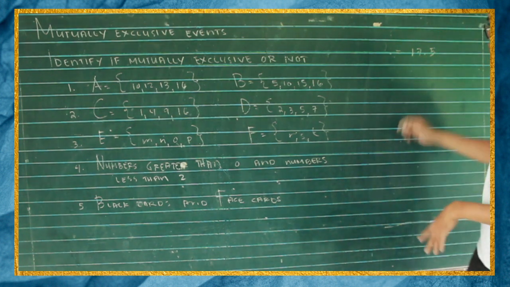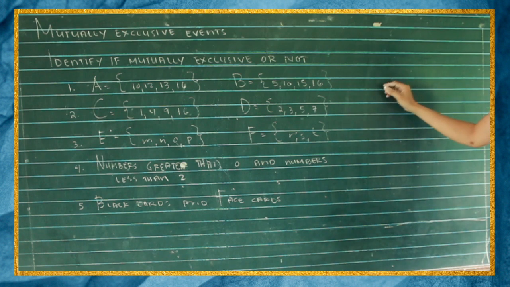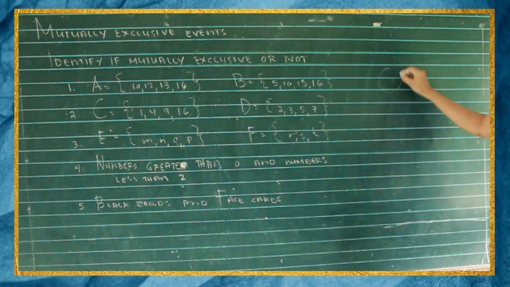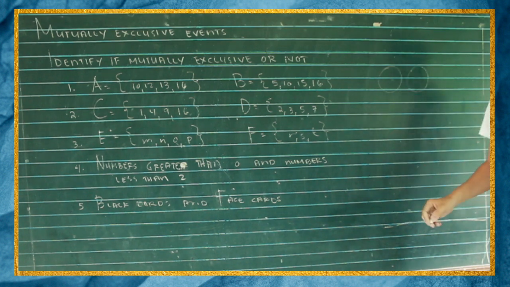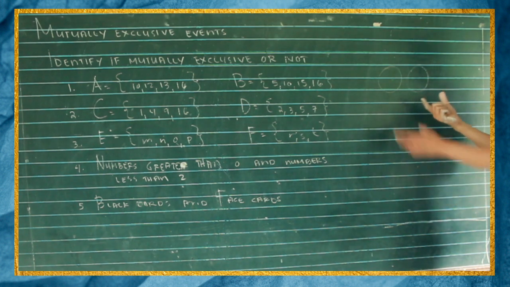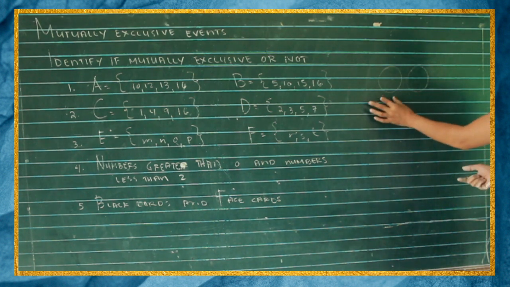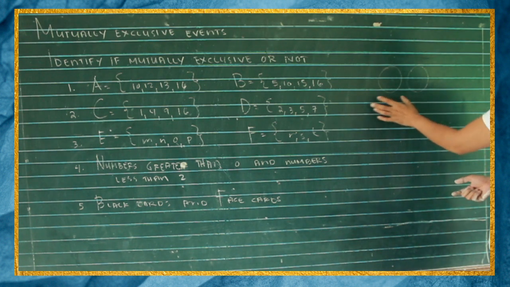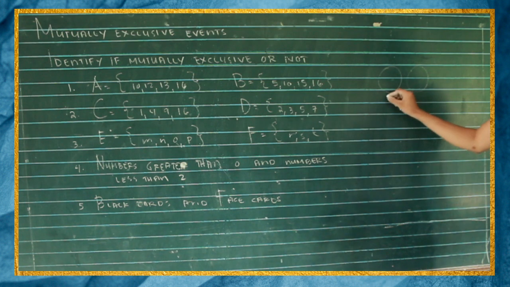If we are going to use a Venn diagram, it means there should be no intersection between the two sets. So this is set A and this is set B.